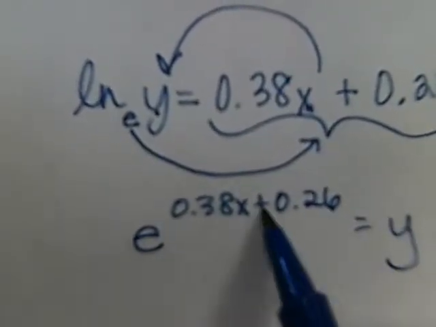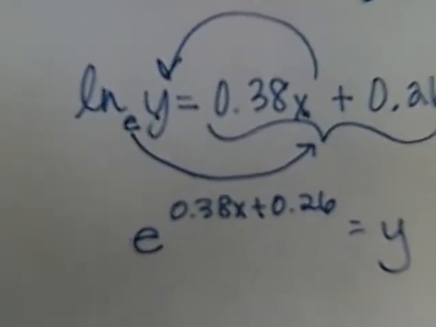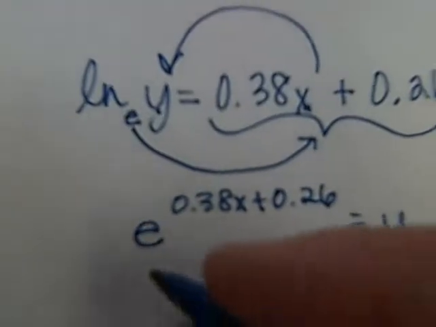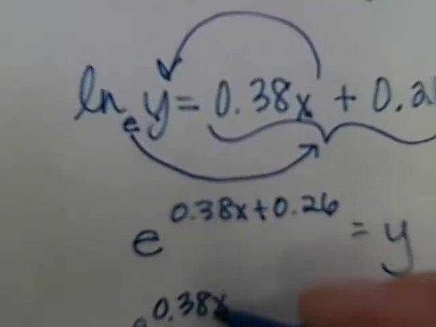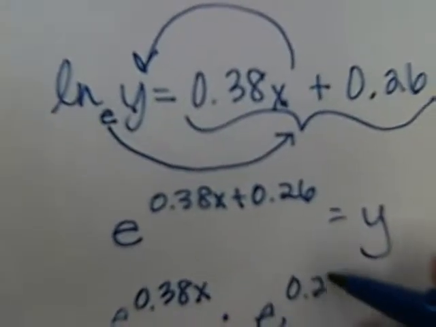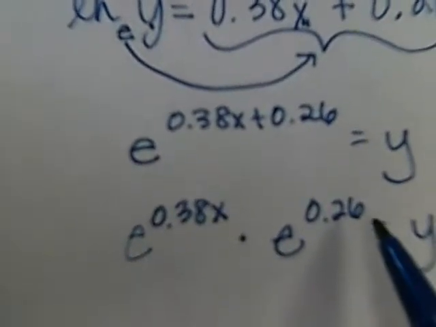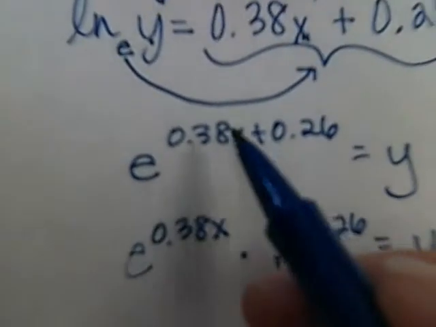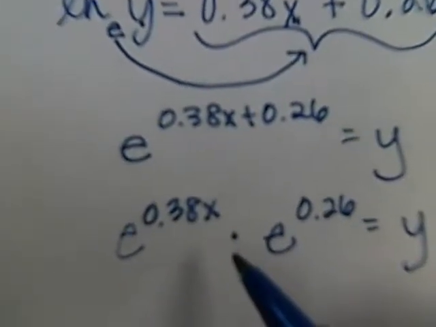Well, if you think about it, property of powers, addition means multiplication. So I could split these up and say e to the 0.38x times e to the 0.26. Remember, we multiply powers by adding the exponents? Well, now we just did the opposite. We saw that the exponents were being added, so we split them apart and multiplied.